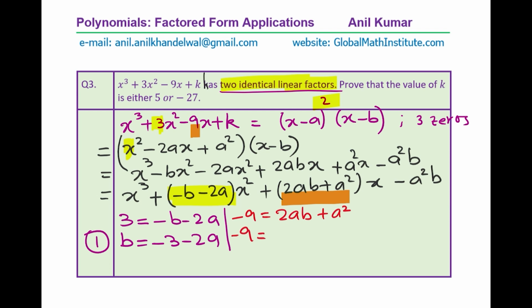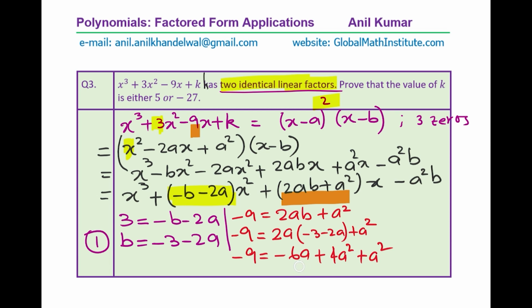So minus 9 equals 2 times a times (minus 3 minus 2a) plus a square, correct? So this could be written as minus 9 equals, let's open this, minus 6a, and that becomes minus 4a square plus a square. Correct?